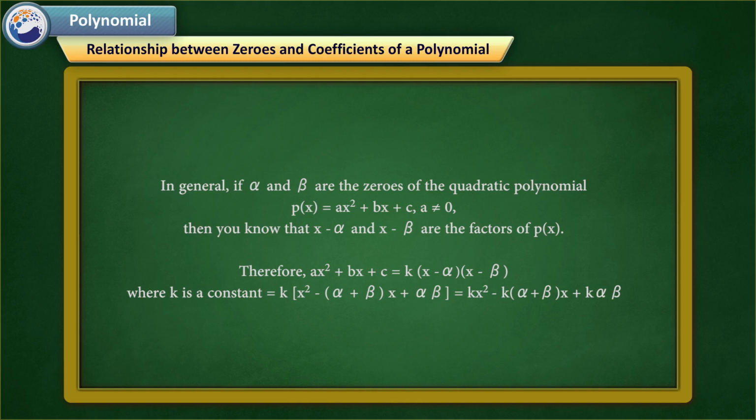Therefore, ax squared plus bx plus c is equal to k into x minus alpha into x minus beta, where k is a constant, is equal to k into x squared minus alpha plus beta into x plus alpha beta, is equal to kx squared minus k times alpha plus beta x plus k alpha beta.